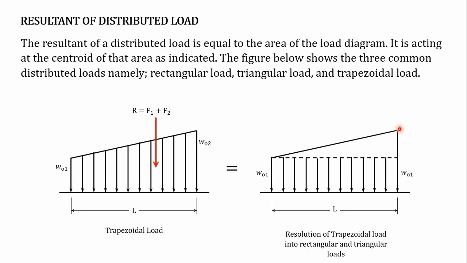And how do we determine the height of this other part? That is simply WO2 minus WO1. So WO2 minus WO1 plus WO1 is equivalent to WO2.